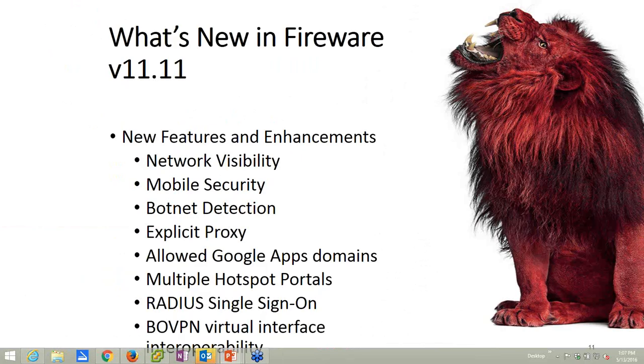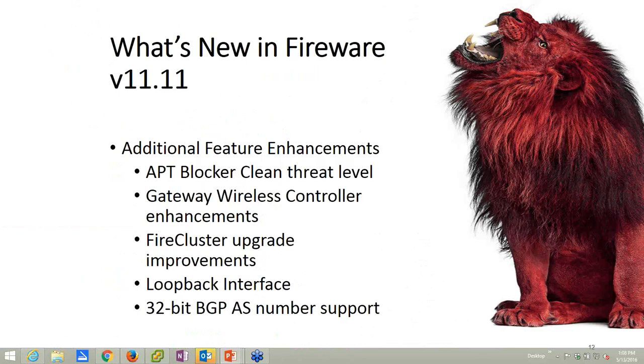It kind of combines the processes. We also have allowed Google app domains, multiple hotspot portals, which means you can add a hotspot for multiple interfaces on your firewall, new RADIUS single sign-on, and BOVPN virtual interface interoperability. This just means we allow GRE through third-party vendors such as Cisco.